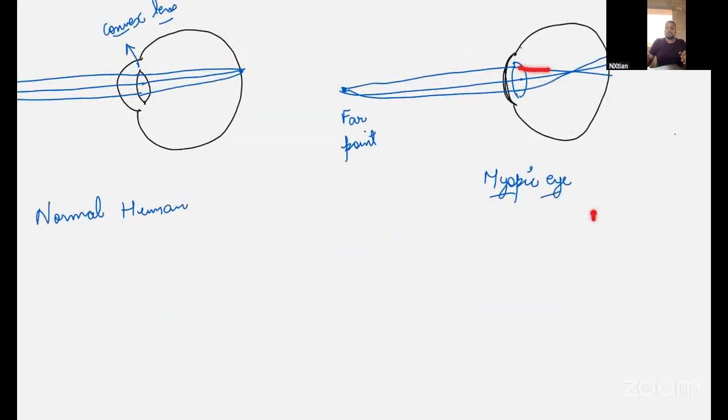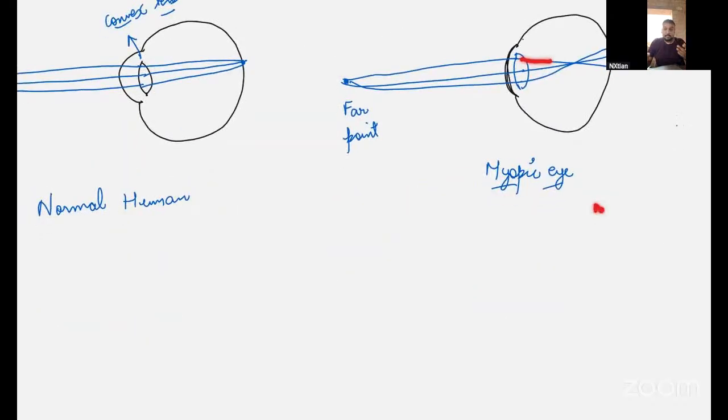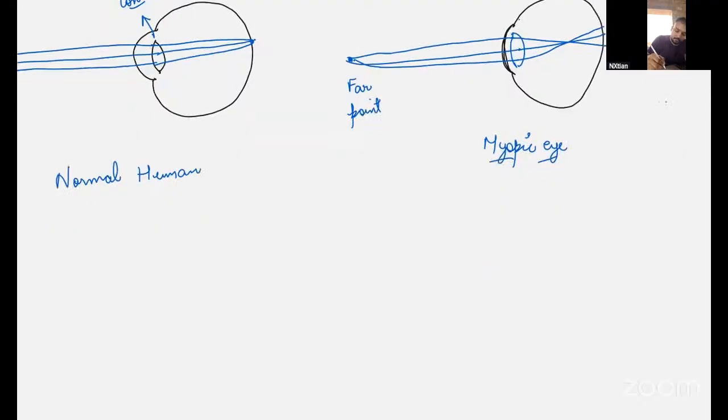So for that, which lens do we need? We need a diverging lens so that it can diverge the rays and make the image fall on the retina. It's going to look like this.